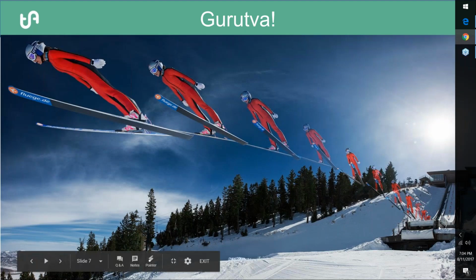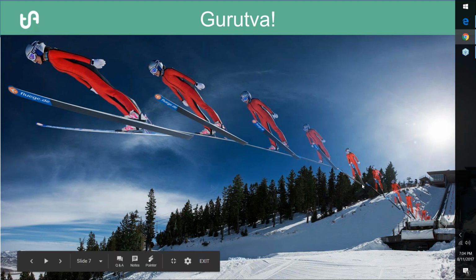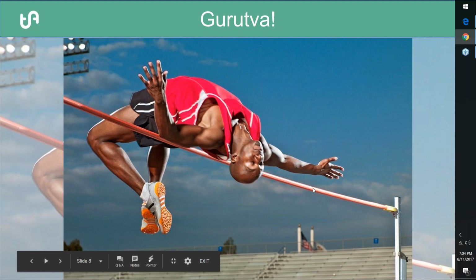And this is it, right? This is a very cool shot over here. You can see that the skier is propelled into the air, and then eventually the skier lands towards Earth.